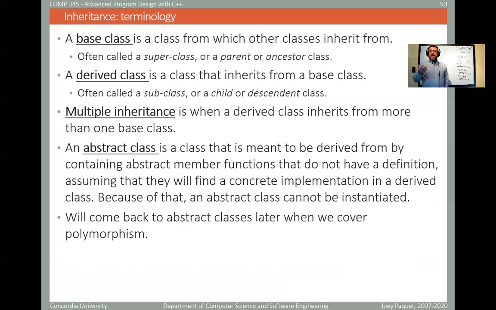So essentially, you cannot create objects that belong to an abstract class. You would have to create an object of the subkind, and if you want to create an object that is of the abstract superkind, then you would have to use pointers, as we will see when we talk about polymorphism.